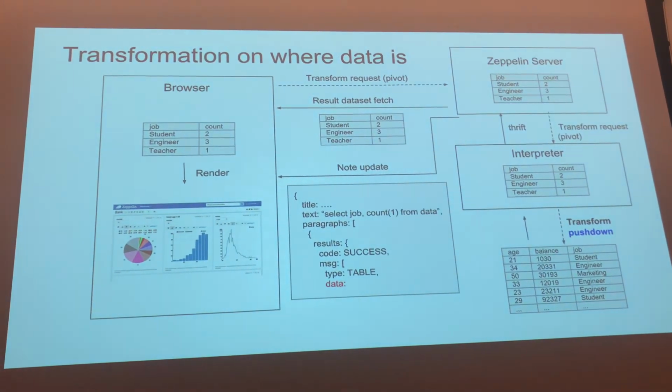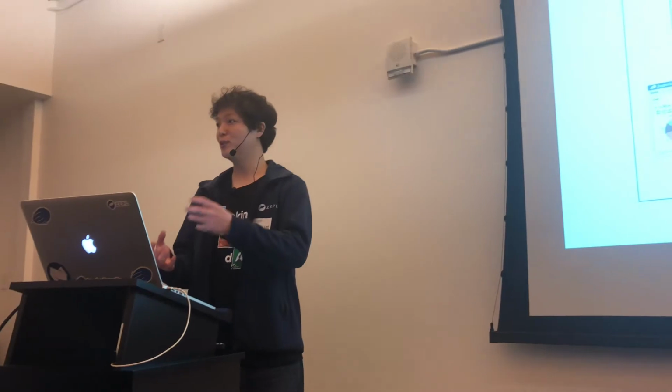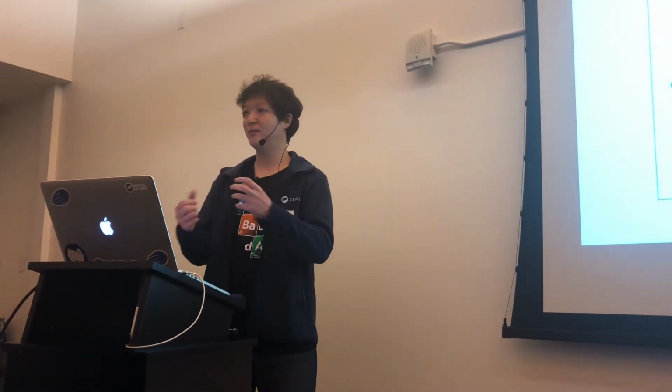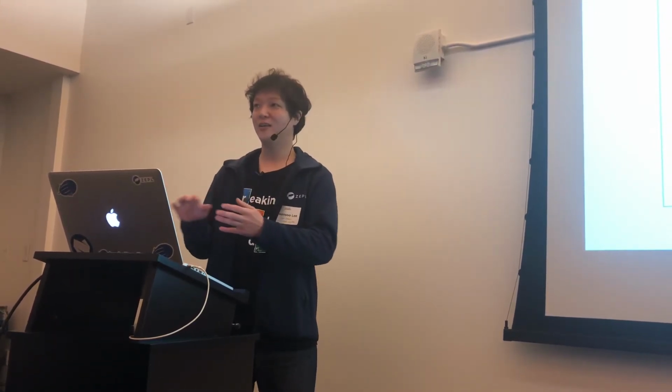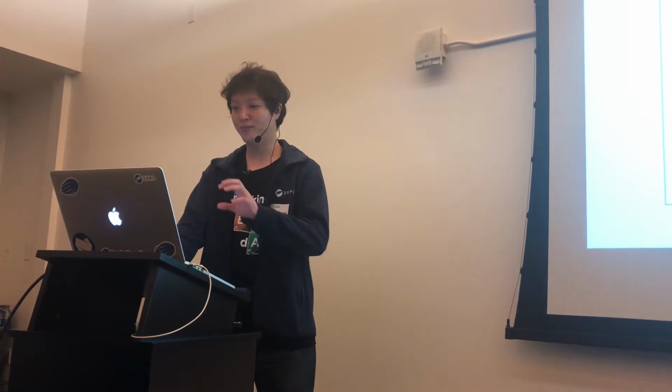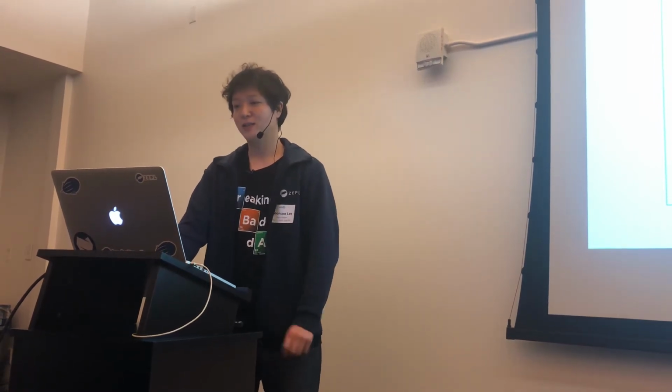More like most BI tools, like Tableau, which have an internal simple data processing engine or similar. So I can see Zeppelin might have a similar layer for processing data. So this is, I think, one big chunk.